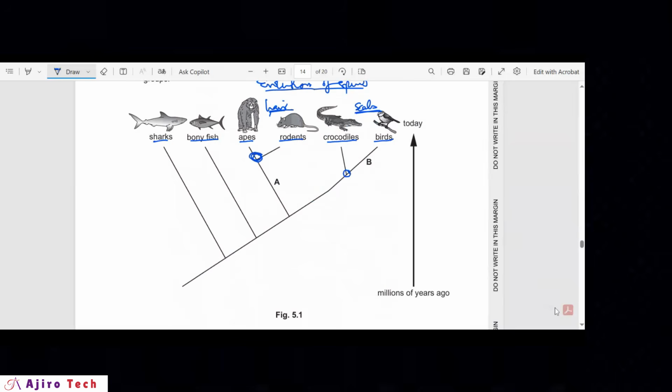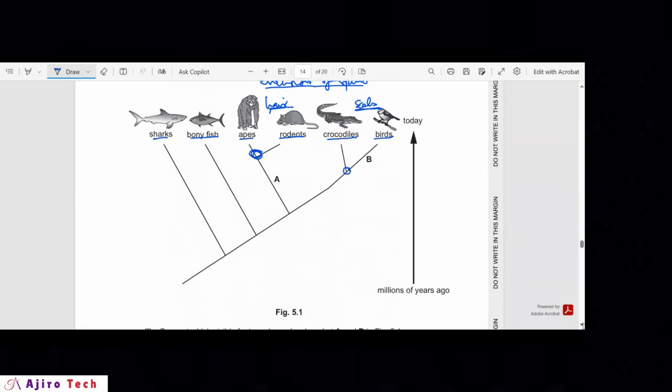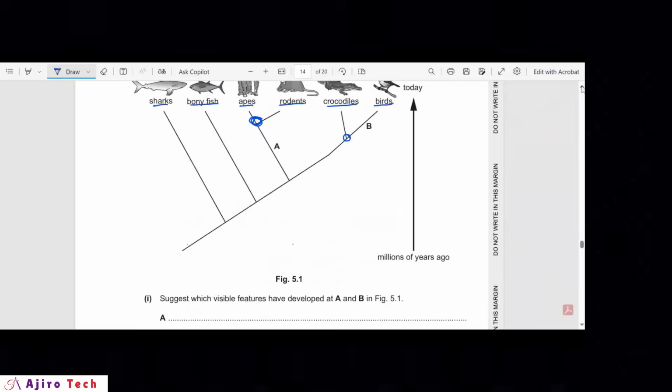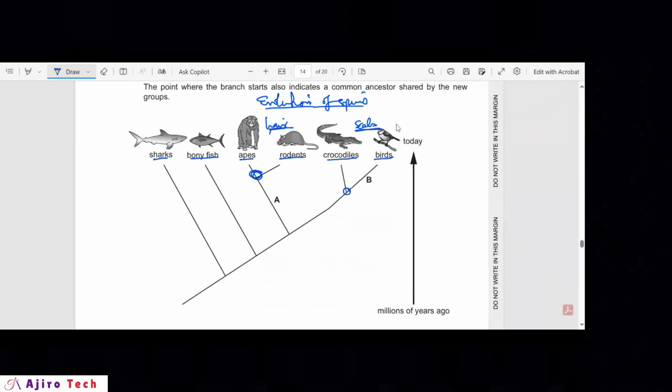So we're asked here to suggest which visible features are developed at A. If we come to here, of course, we can see that they have external hair as well, pinna visible. And at B, for this bird alone, we can see feathers or wings.